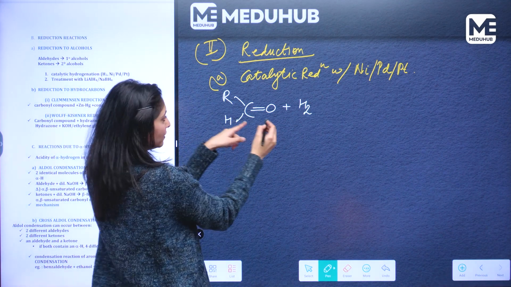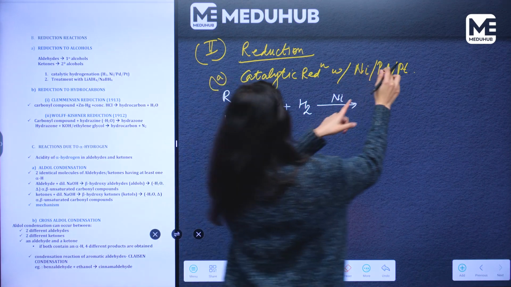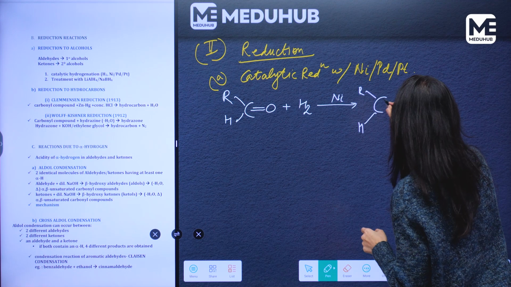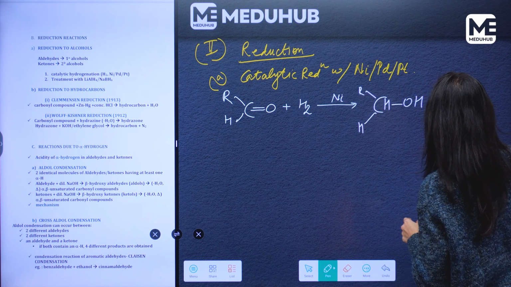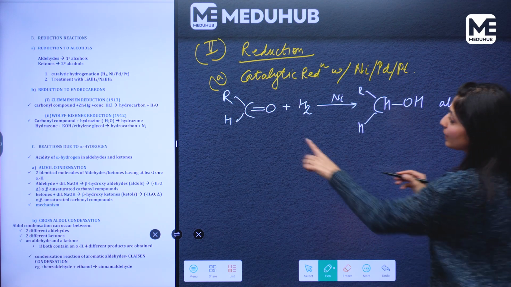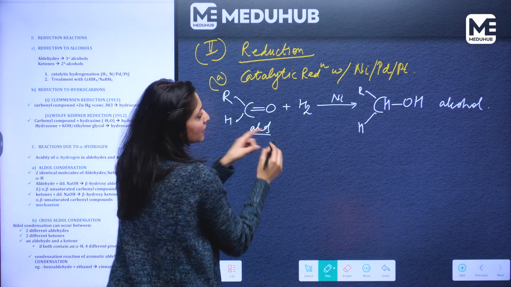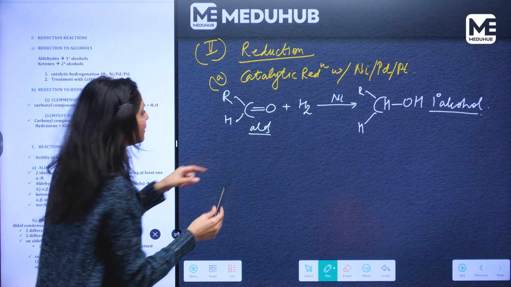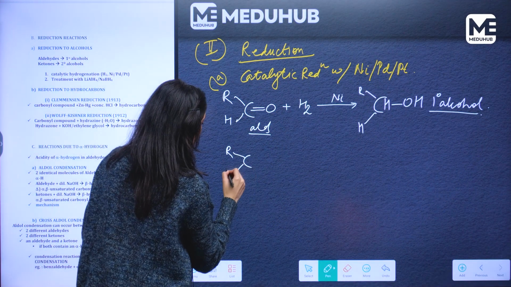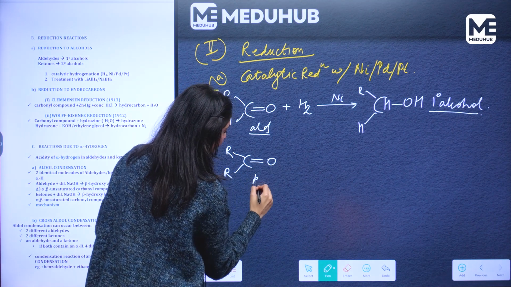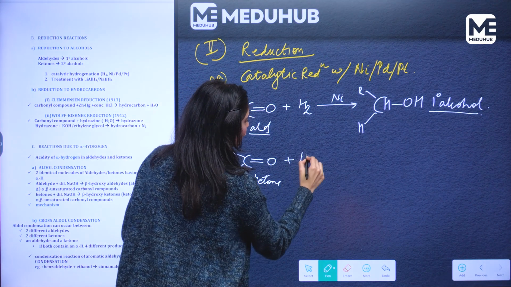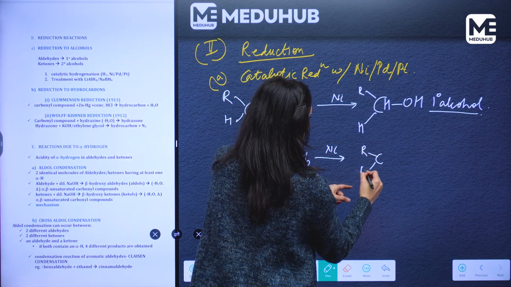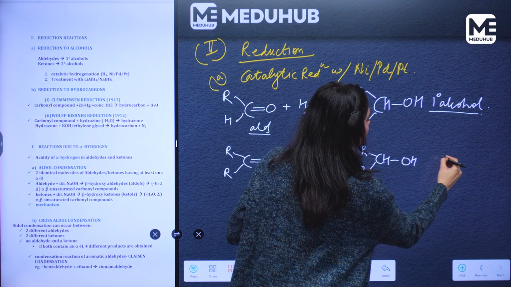So we have an aldehyde here, in the presence of any of these catalysts, to give us an alcohol. So an aldehyde gives us a primary alcohol, and if we catalytically reduce a ketone, addition of hydrogen, the presence of a catalyst, we get a secondary alcohol.